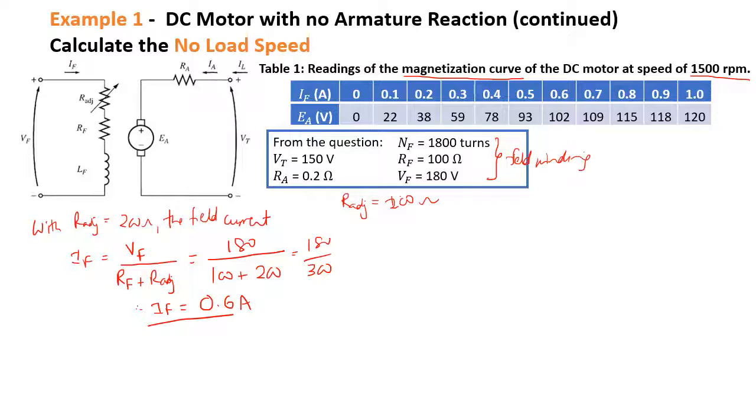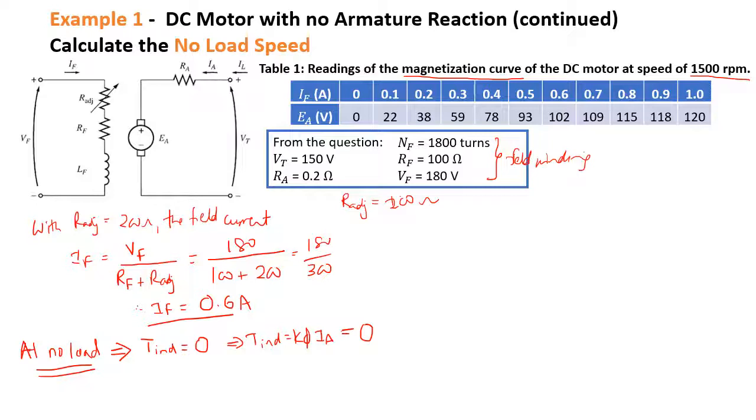Now, at no load, which is what we want to find, because the question is asking for the no load speed, what we must understand is there will be no induced torque. We know that T induced is equal to K flux IA, and this will be equal to 0 at no load.